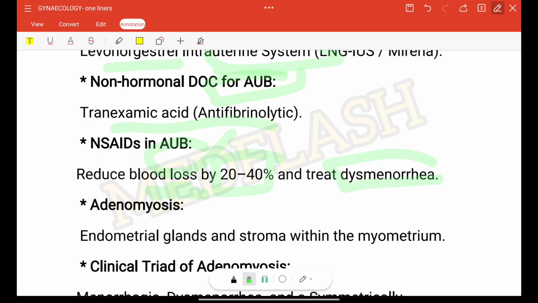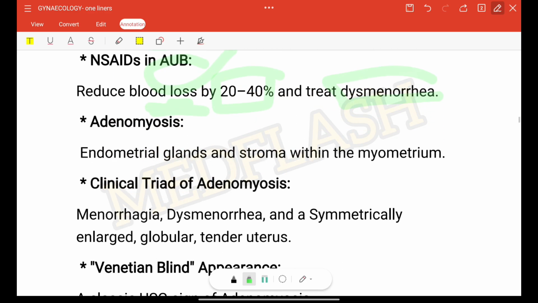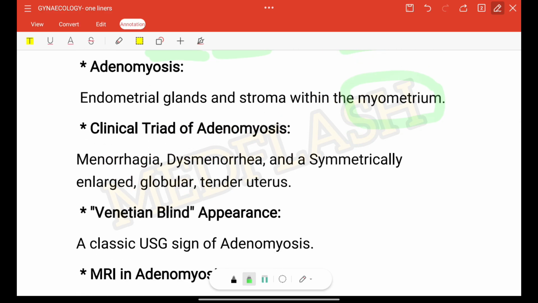Adenomyosis: endometrial glands and stroma within the myometrium. Clinical triad of adenomyosis: menorrhagia, dysmenorrhea, and a symmetrically enlarged globular tender uterus.